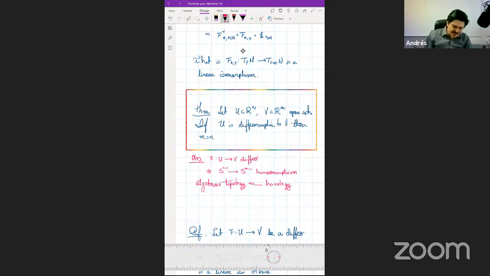So if you have that map, you get the induced map in homology. And this is very similar in spirit to what we did before. If you have a homeomorphism here, this map is going to be an isomorphism.